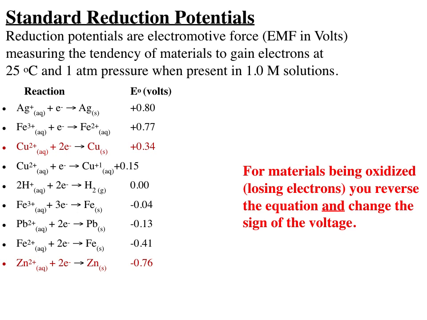So this is akin to setting one side of the battery voltage equal to 0 and giving all the voltage to the other side, so that all others can be given an assignment relative to the setting of 2H plus 2e gives H2 gas at 0. So that was the reason for that determination.